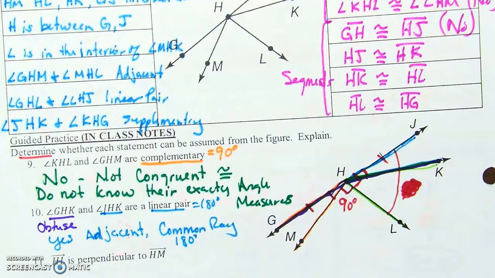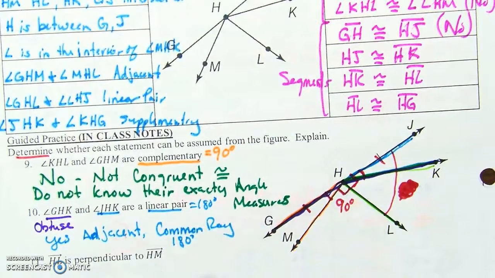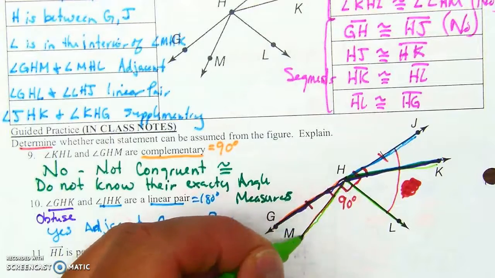Okay. And the last one it's asking us to do is find out if HL is perpendicular to HM. We already had HL marked in green here. So here's HL, and we're talking about HM right here. Is it perpendicular?